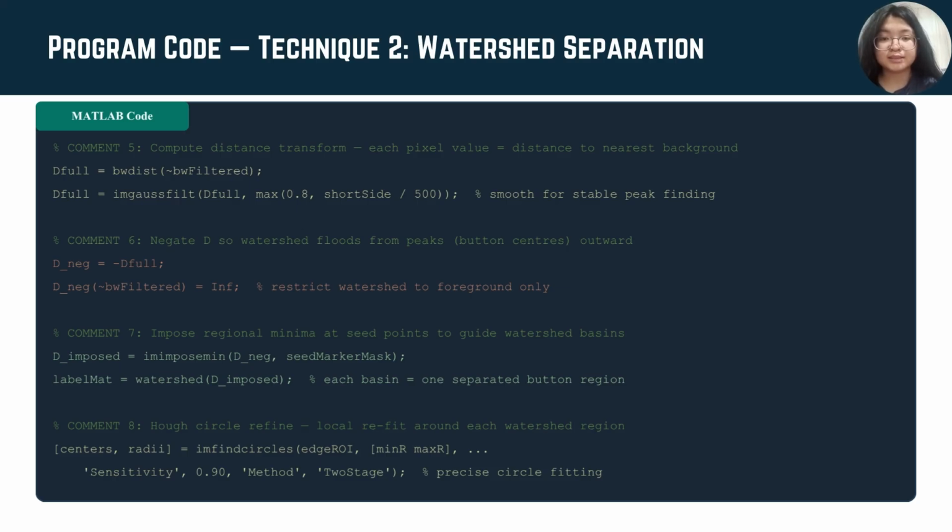And for these slides, this code separates overlapping buttons. It uses distance transform to find button centers, then applies watershed to split touching buttons. Hough circle detection is used to refine the result, so the final count is more accurate.